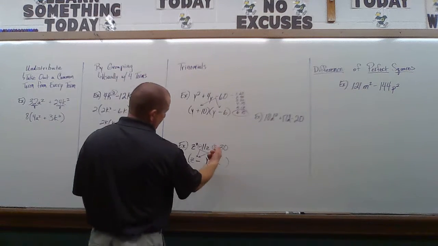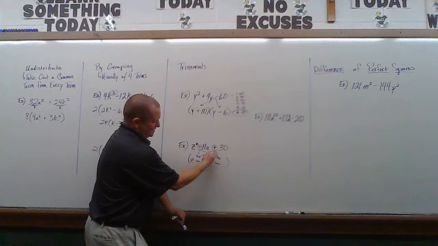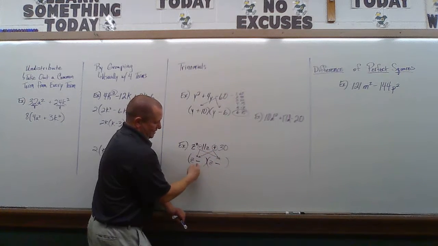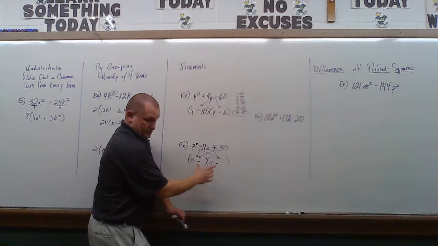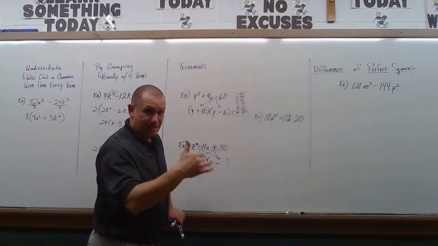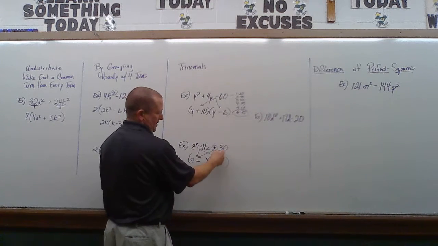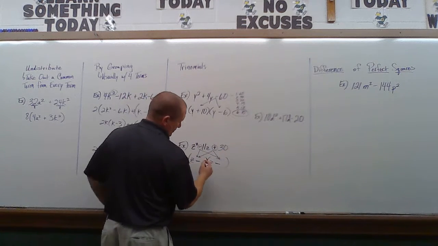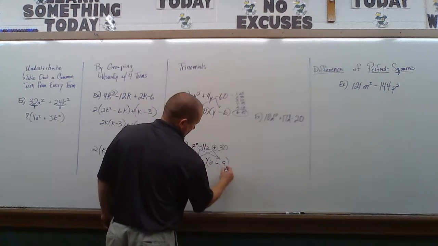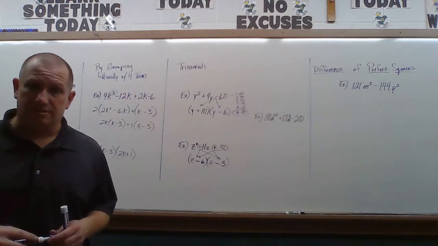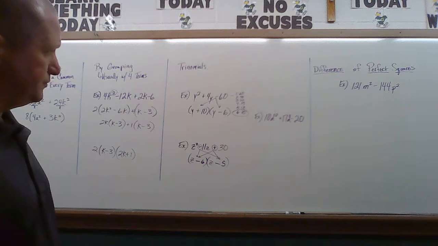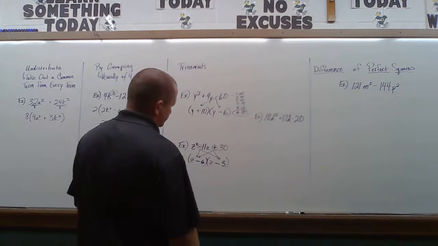Down here, same principles, but because the sign was plus and my 2 negatives are in the problem, 2 negatives, when we're adding, would make another negative. So we're adding the factors of 30 that make up 11, and hopefully you can see that that's 6 and 5. And then we're done. Okay?